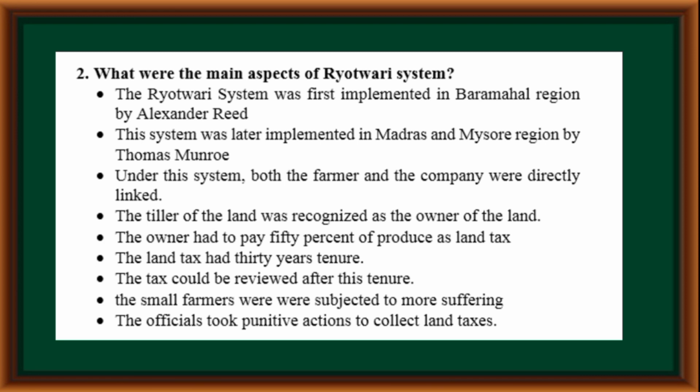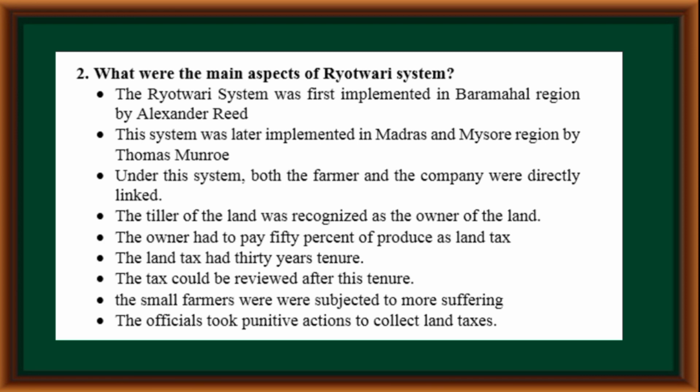What were the main aspects of the Ryotwari system? The Ryotwari system was first implemented in the Baramahal region by Alexander Reed. This system was later implemented in the Madras and Mysore regions by Thomas Munro. Under this system, both the farmers and the company were directly linked. The tiller of the land was recognized as the owner of the land.